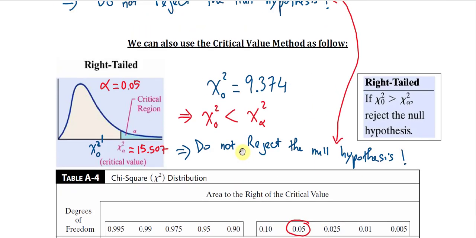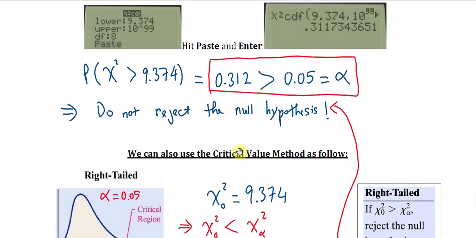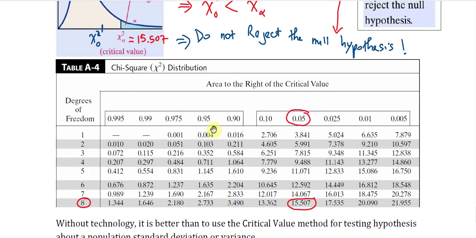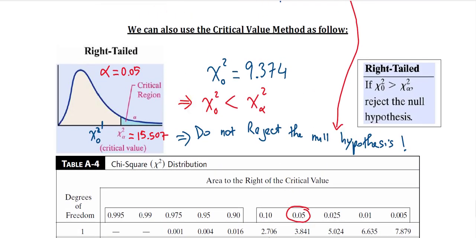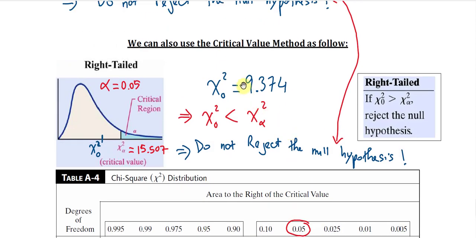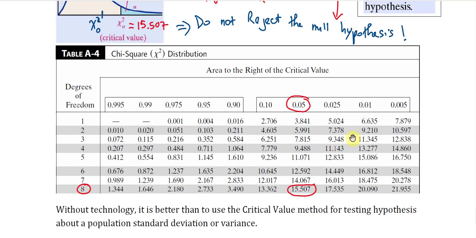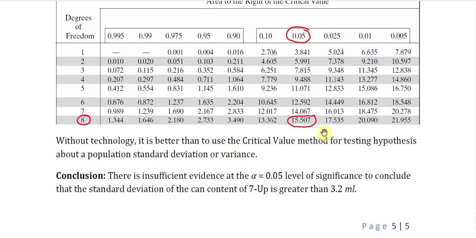In this section it is more convenient to use the critical value method instead of the p-value, because Table A4 can give you the values you need to find a critical value, but not the p-value. So for this last section, testing a claim about a standard deviation or variance, I recommend that we use the critical value method, because Table A4 is available to you if you don't have the TI-84 or 83.